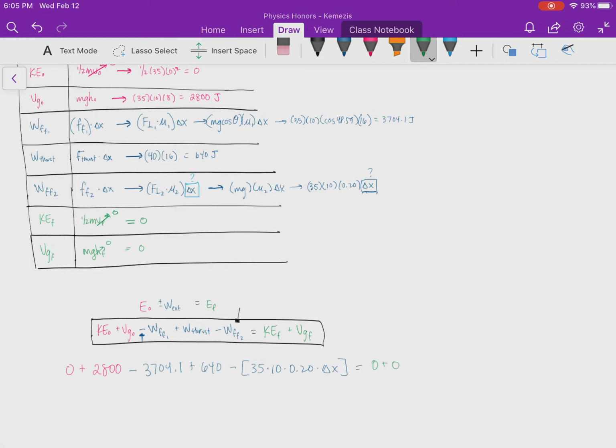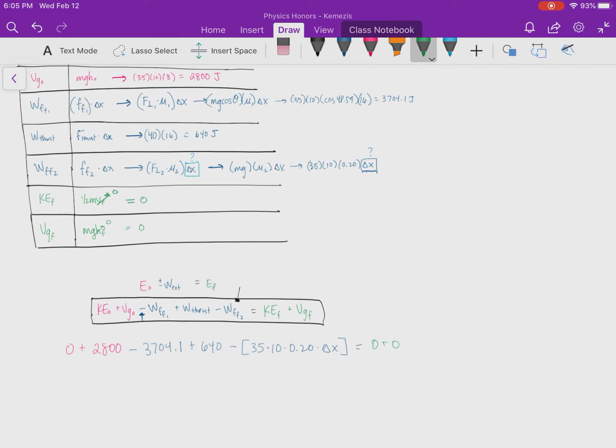Now it just becomes an algebra problem. Sorry, I don't have it pre-solved, but we're going to do 2800 minus 3704.1 plus 640. So I'm getting negative 264.1.